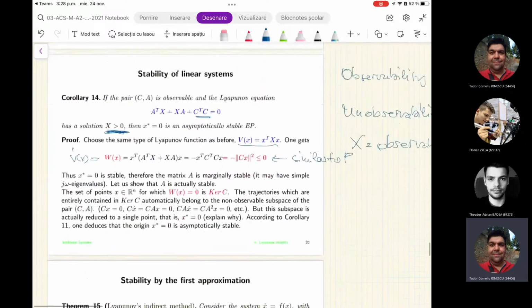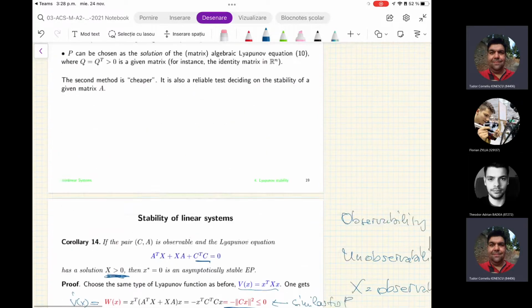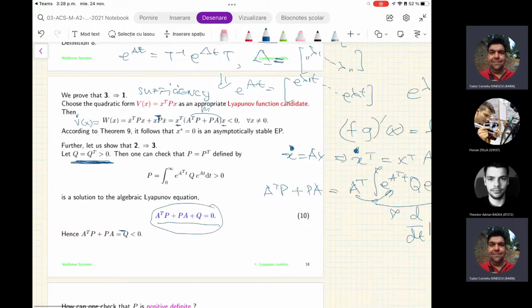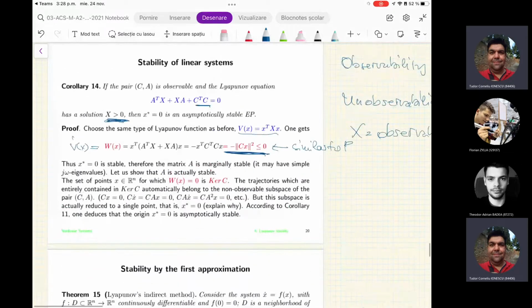There is no big difference. So you get this, which is semi-negative definite. This is not negative definite, like in the other case. So that's the difference between Q and X.